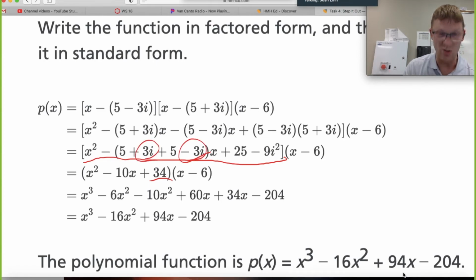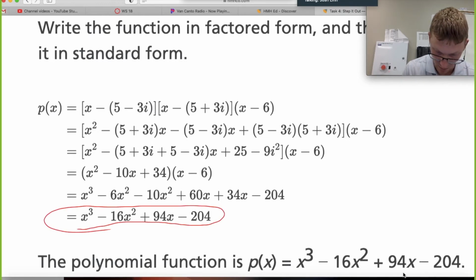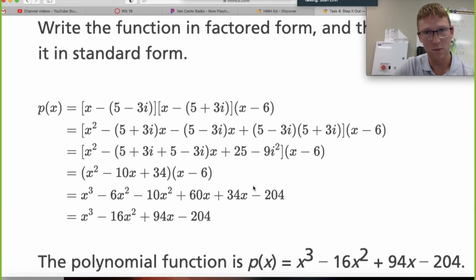If you're doing the conjugates right, the i's should cancel out. If you have an i in your final answer, check your math, because you're wrong. And then from here, it's just regular Algebra 2 type algebra stuff, in air quotes. Multiply it out, combine like terms, and here we go. Make sense?